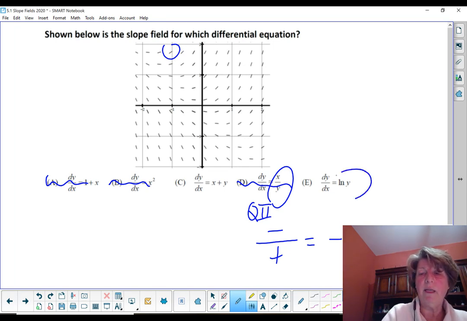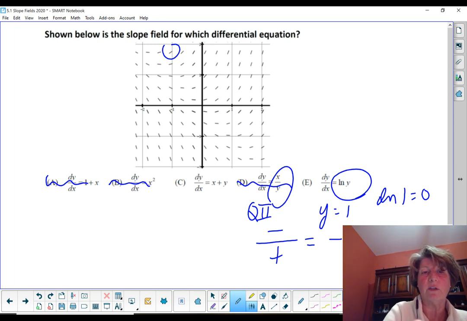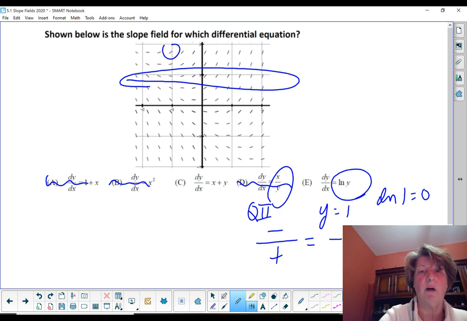All right, this one, just a y variable. So when y is 1, I should see that the slope, the natural log of 1, is 0. I should see 0 slopes. And do I see consistent 0 slopes when y is 1? I do not. So this is definitely eliminated.